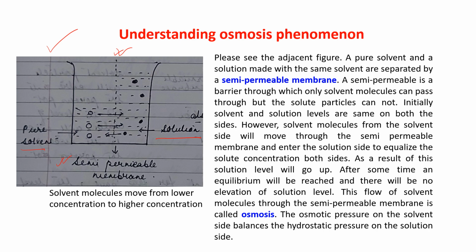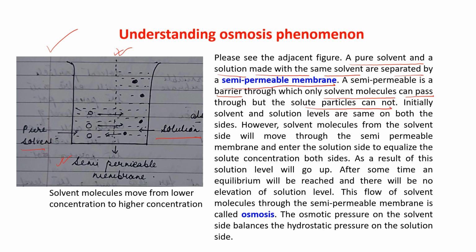Okay, now see here, a pure solvent and a solution made with the same solvent are separated by a semi-permeable membrane. The solution that you take should have the same solvent as that of the pure solvent. A semi-permeable membrane is a barrier through which only solvent molecules can pass, but the solute particles cannot.